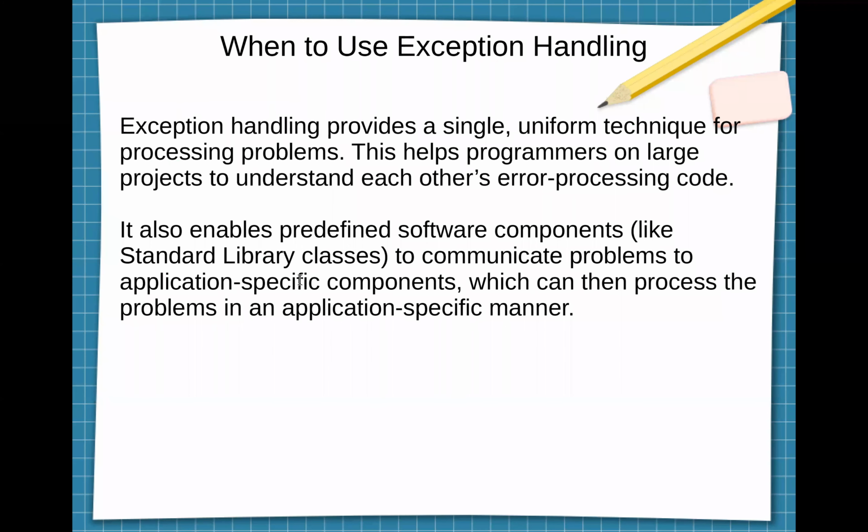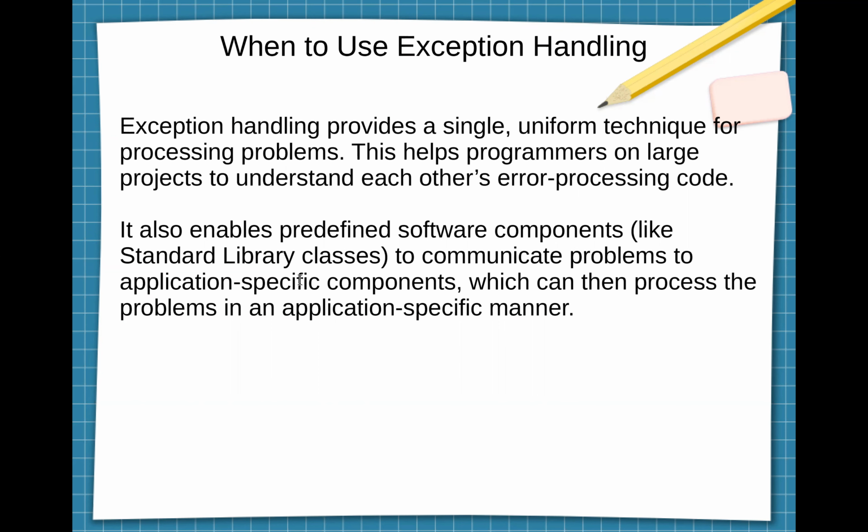Now exception handling gives us a very nice single uniform technique for processing problems. It does help programmers on large programs, on large projects, especially the ones that are not concurrent, right? To understand each other's error processing code. And as I said before, usually companies prefer to use their own exception classes, the ones that were created in particular for them, because they are handling specific types of errors, right?